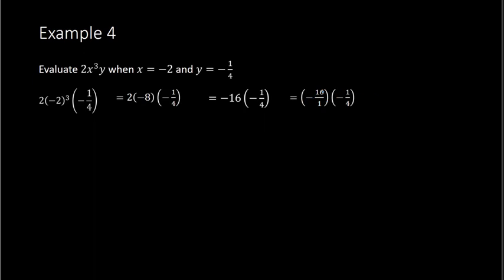Negative times negative becomes a positive, and then the 16 on the top can divide with the 4 on the bottom to give me 4/1. So I have 4 times 1 over 1 times 1, which would give me 4. So my solution would be 4.